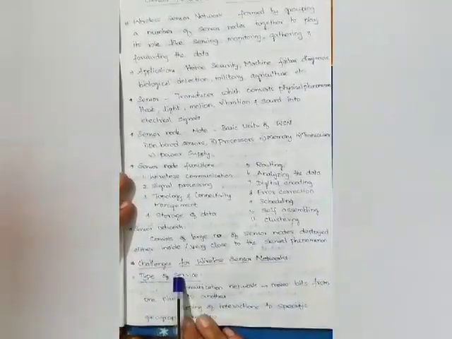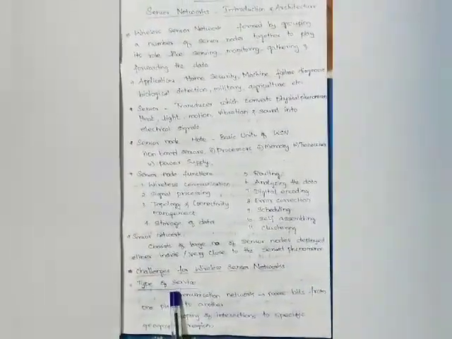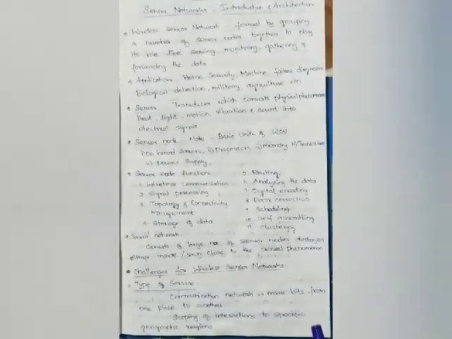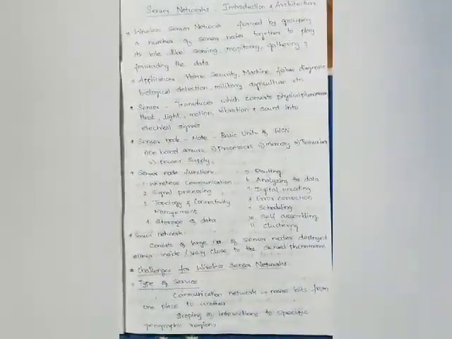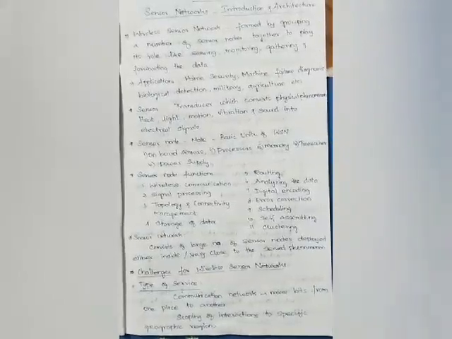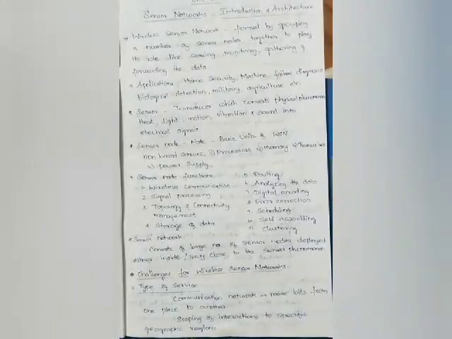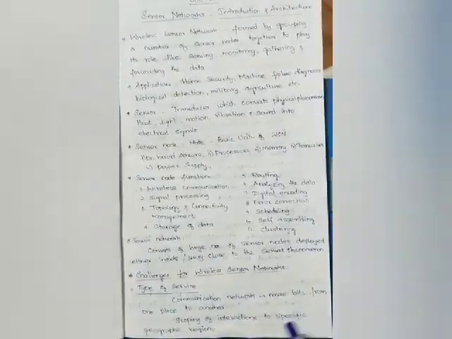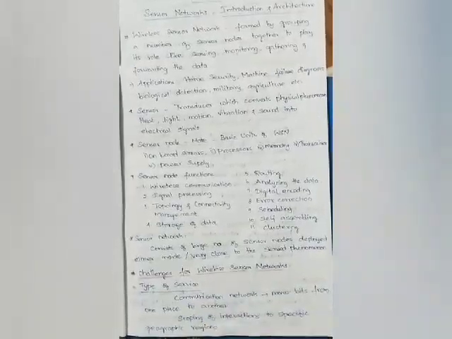Next, we will see about the challenges of wireless sensor networks. First one, type of service. Basically, in a conventional communication network, we move bits from one place to another. Here, in a wireless sensor network, in addition to this communication, we have to increase the scope of interactions to the specific geographic region where we are employing that network.